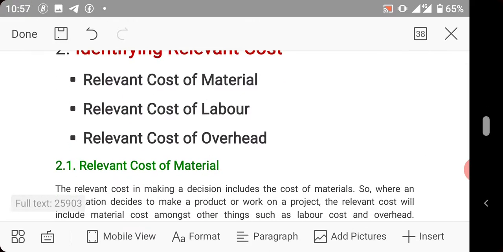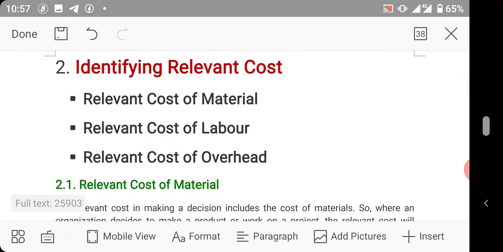Then how do you identify relevant cost? Now, the identification of relevant cost follows the elements of cost, which are material, labor, and overhead.